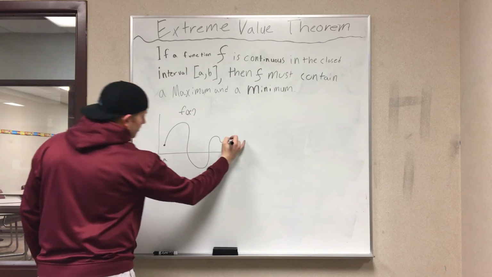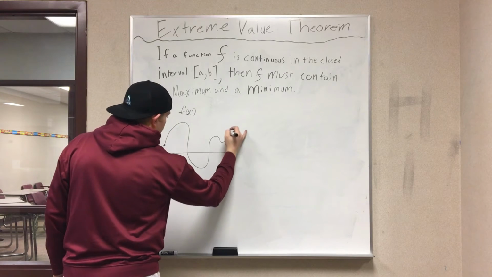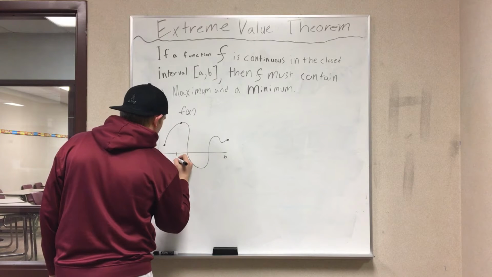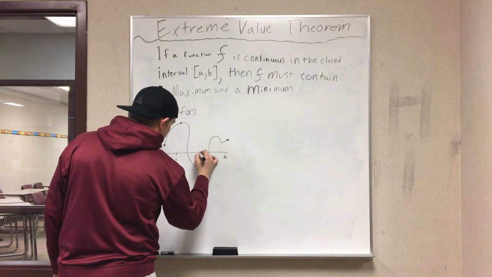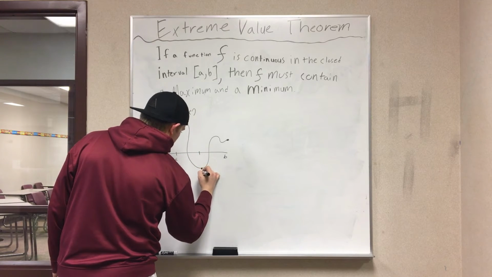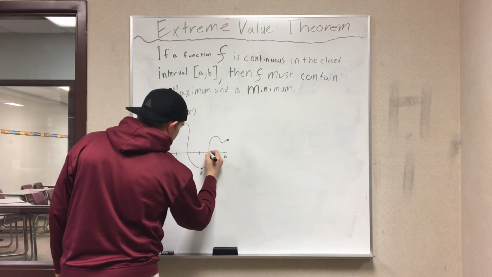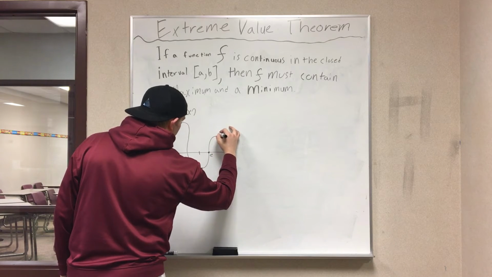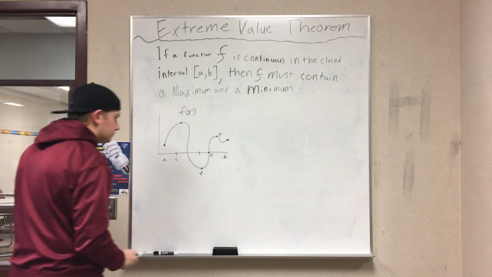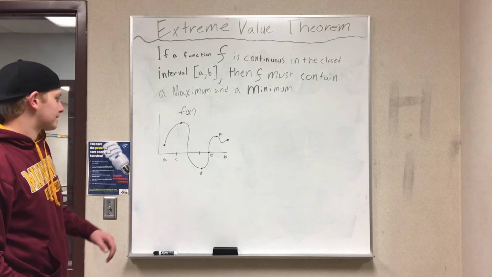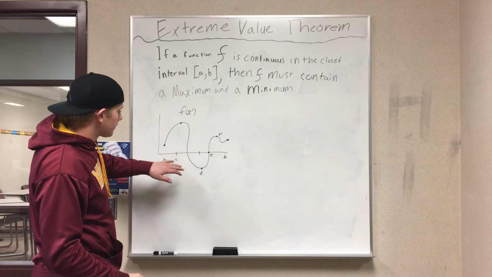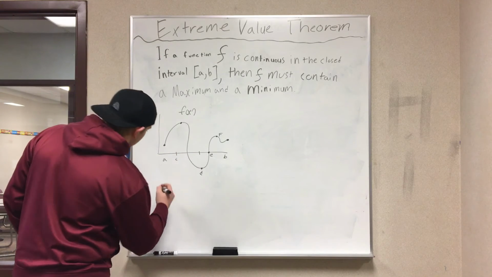On the closed interval a to b, you are given c, d, e, and f. What is the letter value of the max, and what is the letter value of the min?